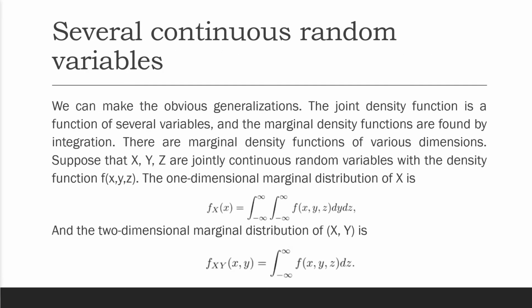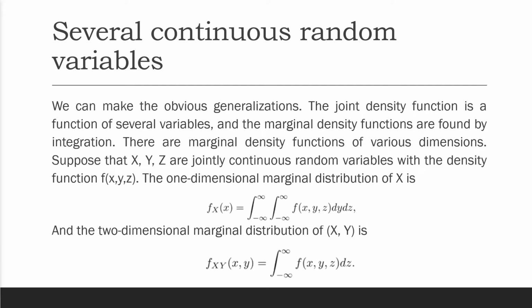So let's have several continuous random variables. We can make the obvious generalization. The joint density function is a function of several variables, and the marginal density functions are found by integration. There are marginal density functions of various dimensions. Suppose that X, Y, Z are jointly continuous random variables with the density function f of x, y, z.